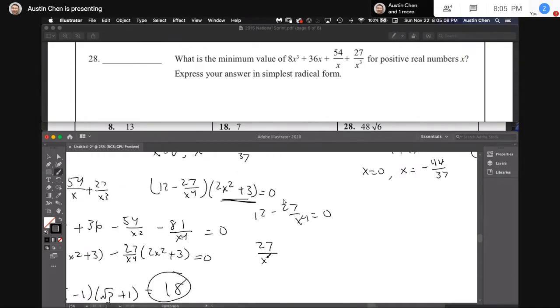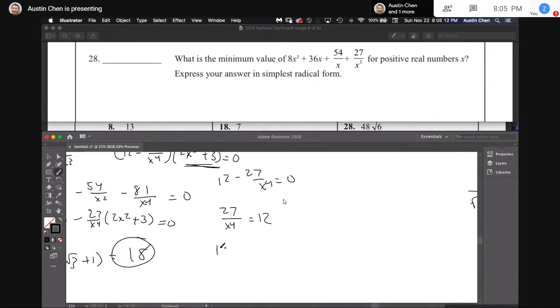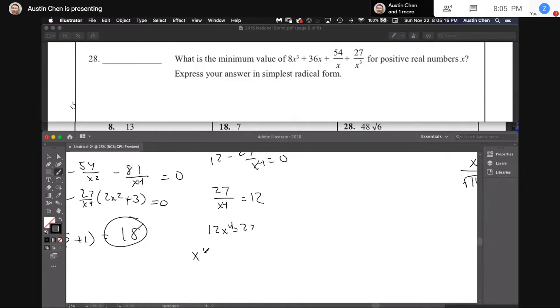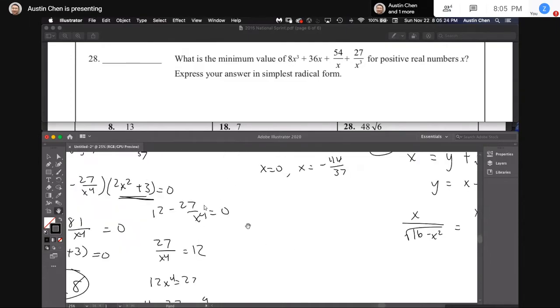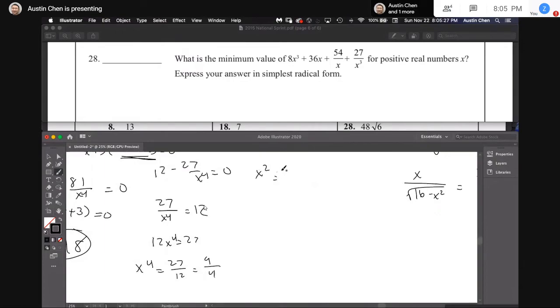This is 27 over x to the fourth equals 12, or 12x to the fourth equals 27, or x to the fourth equals 27 over 12, which you can reduce by 3 to 9 fourths. If you square root once, you get x squared equals 3 halves. If you square root one more time, you get x equals root 3 over root 2, and you can rationalize.